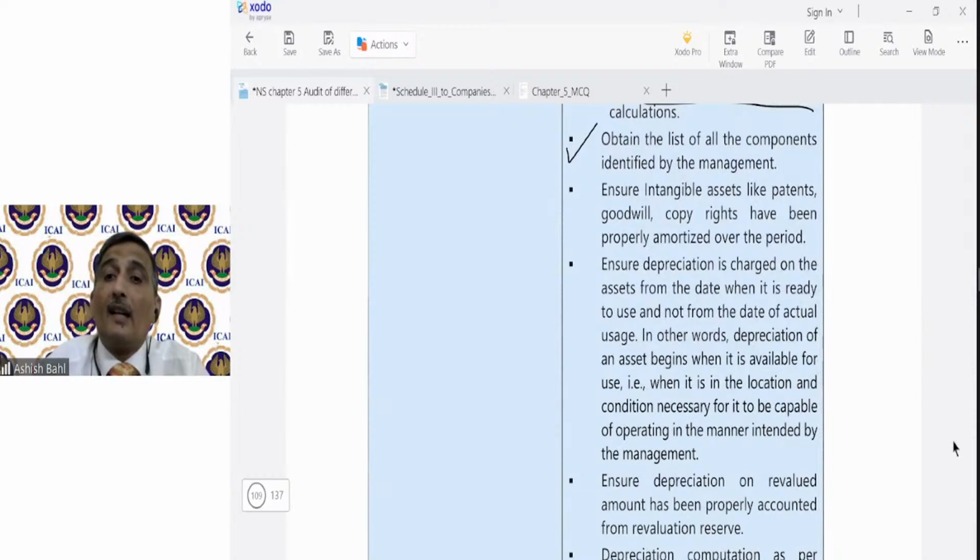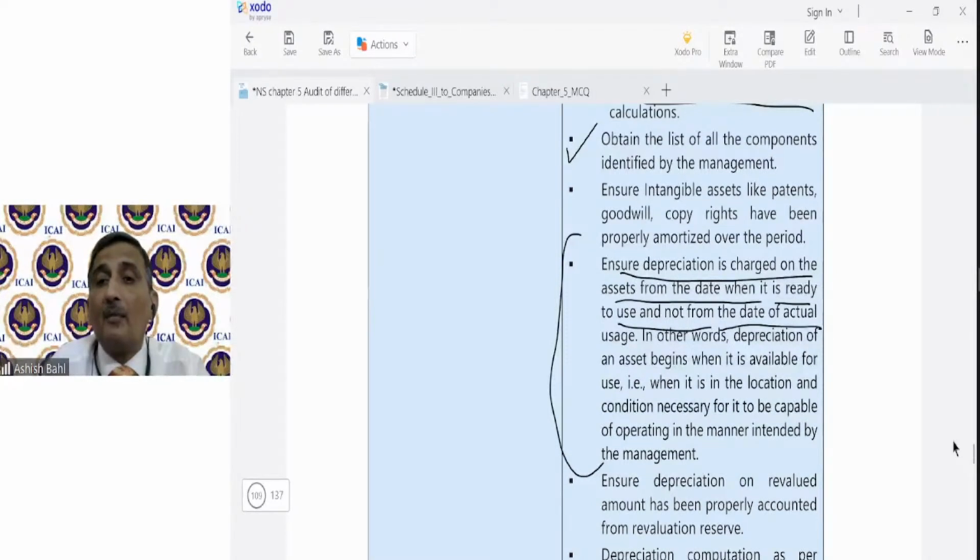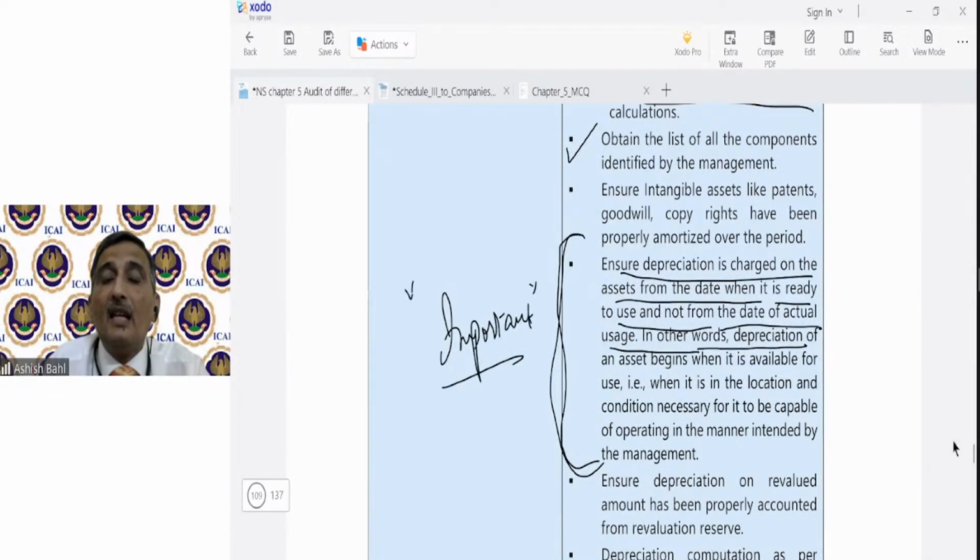So another important thing, students: ensure depreciation is charged on the assets from the date when they are ready to use and not from the date of actual usage. Now it is very important, students, that depreciation in books of accounts is to be charged from the date when the asset is ready to use, when it is available for use, not from the date when it is actually used.